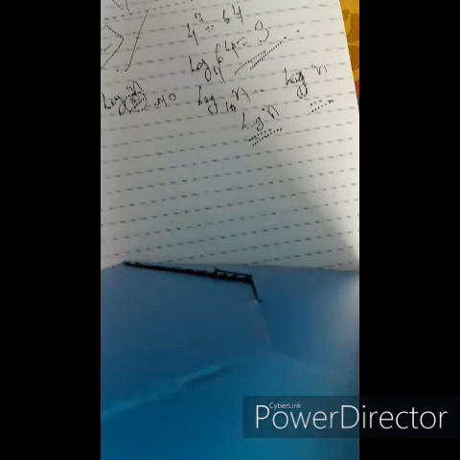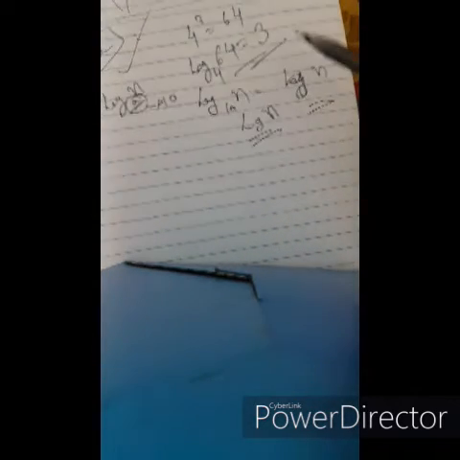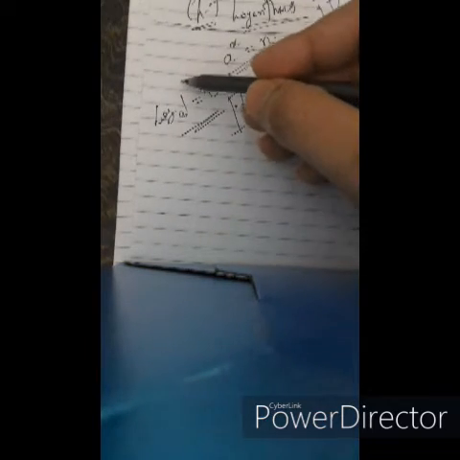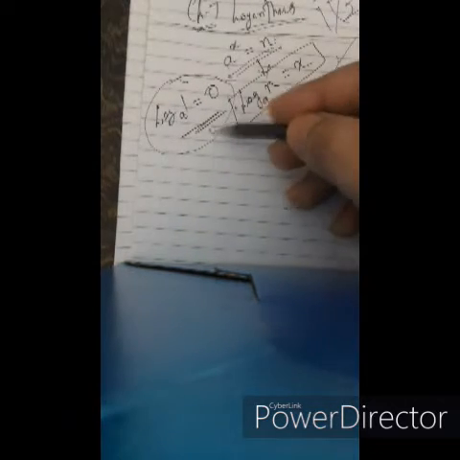Log of any number n to the base 10 can be written as lg n, and log of 1 to the base a can be written as 0. Log of 1 is always 0, be it any base. We have to remember this.